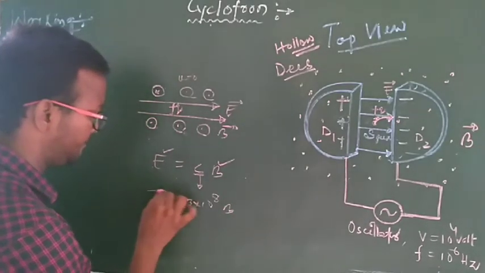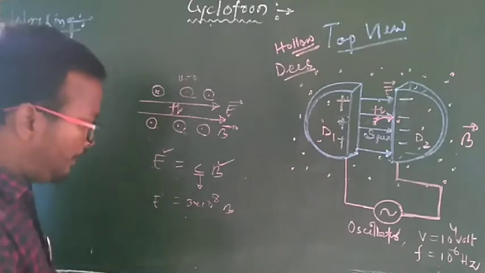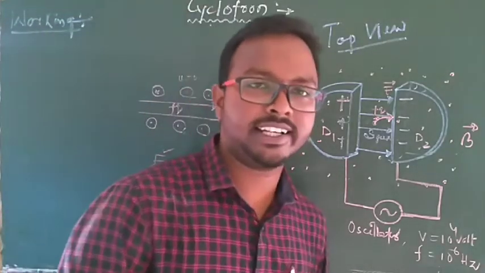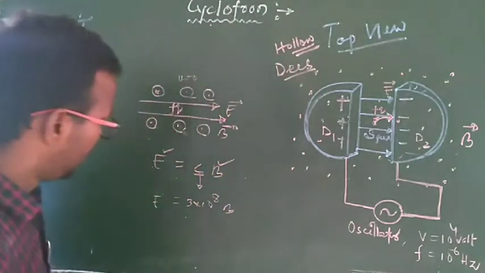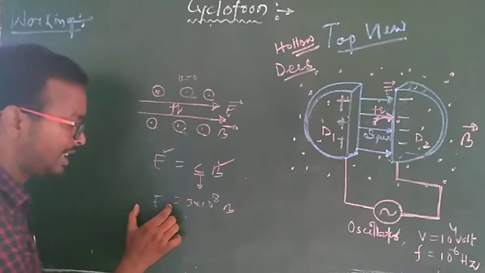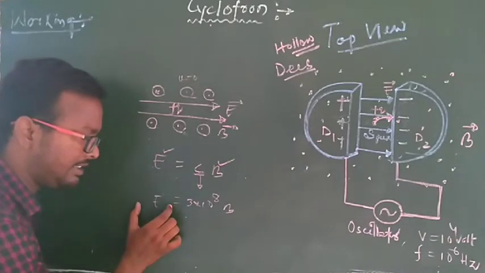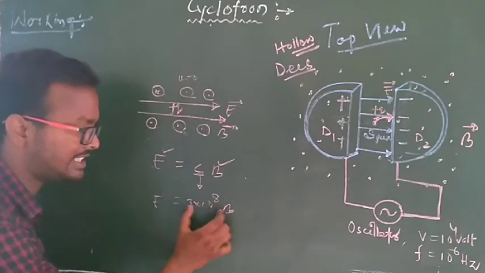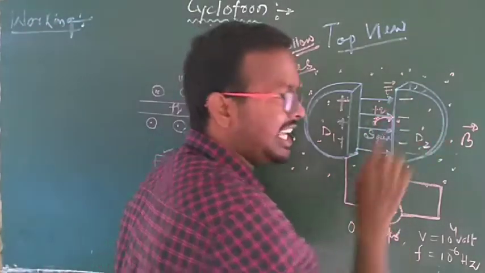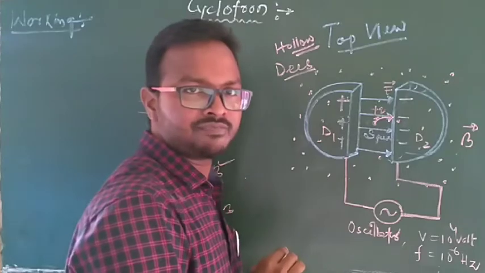So if you compare the strength of the electric field and the strength of the magnetic field, here we deal only with the electric field, because the strength of the electric field is very large as compared to the magnetic field. So here only the electric field dominates.